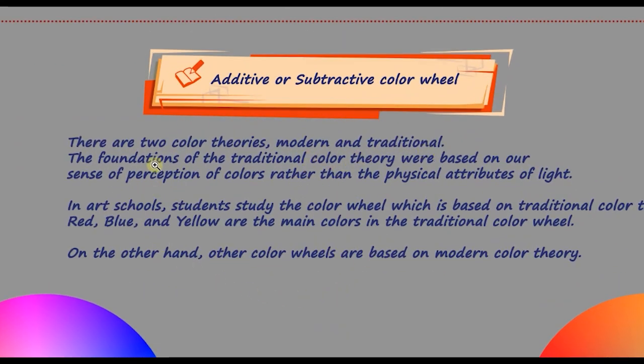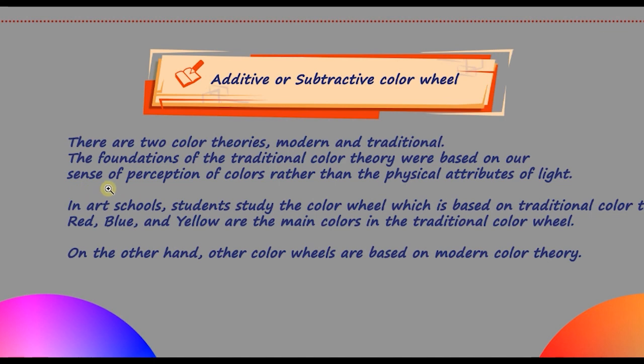Additive or subtractive color wheel. There are two color theories, modern and traditional. The foundation of traditional color theory was based on your sense of perception of colors, rather than the physical attributes of light.